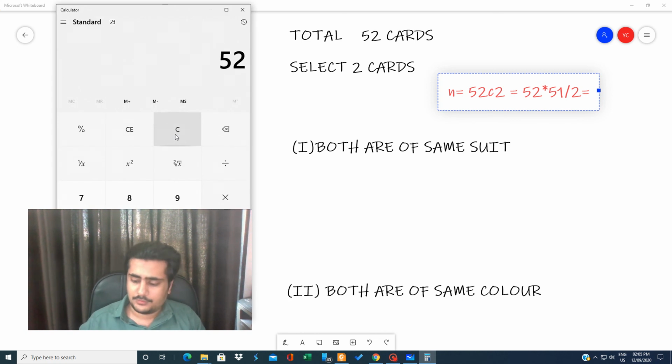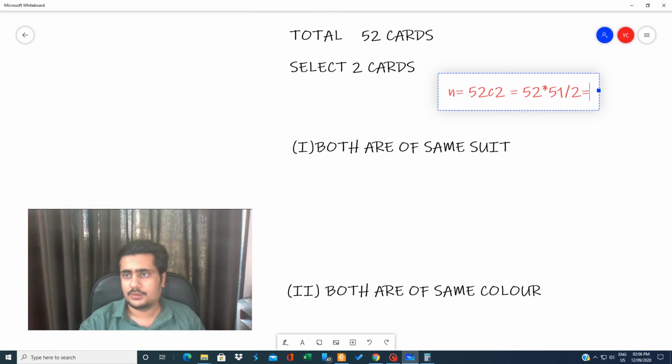This 52 into 51 is 2652, upon 2 is 1326.